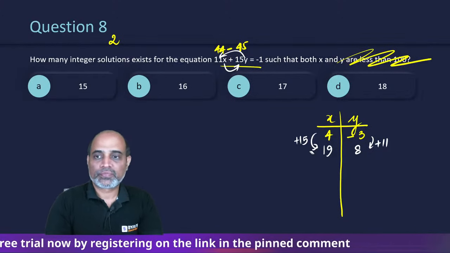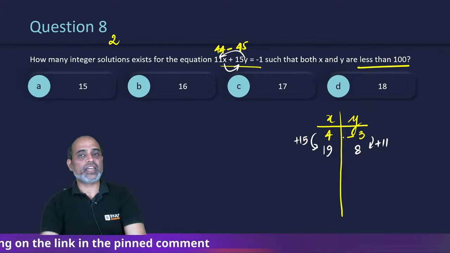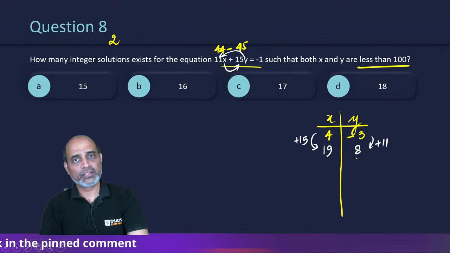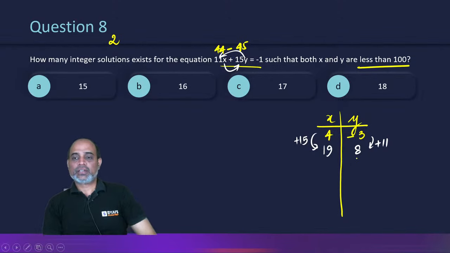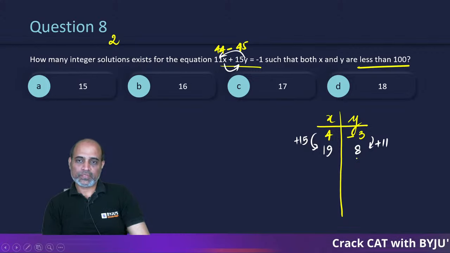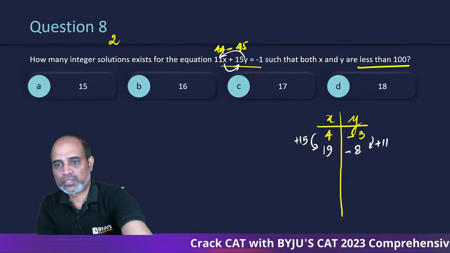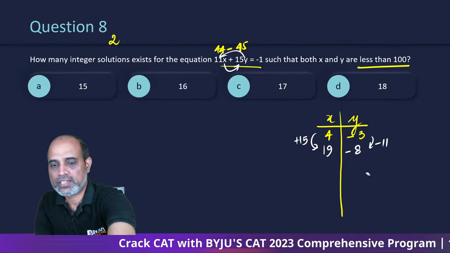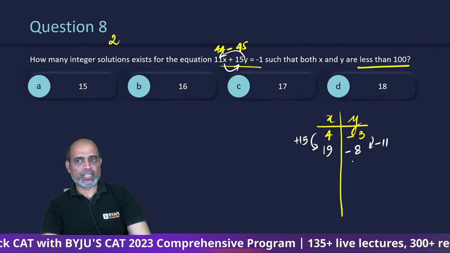Now, if you look at the condition, can we say so far x and y, they both are less than 100? ये -8 होगा. I'm sorry. So if one is increasing, other is decreasing. So can we say they both are less than 100?